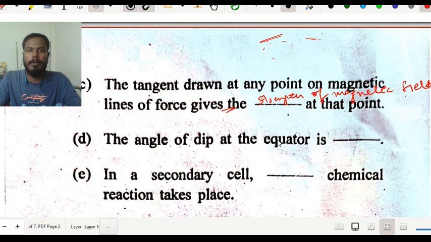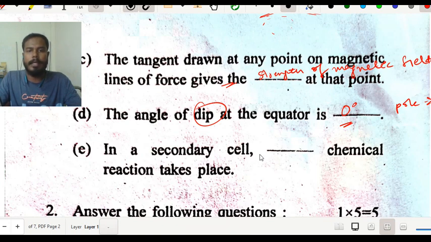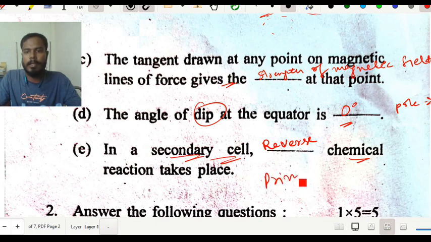Next question, the angle of dip at the equator is 0 degree, and at the pole it is 90 degree. Remember this also. The next question: in a secondary cell, the chemical reaction which takes place is reversible. In a secondary cell a reverse chemical reaction takes place, and in a primary cell it is irreversible.